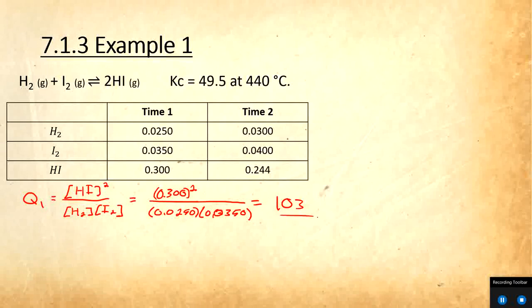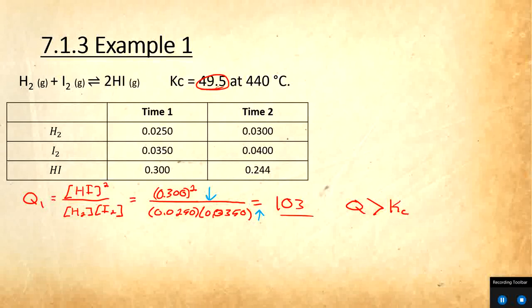Now looking at this, we have a Q of 103, so we know that our Q value is greater than our Kc value. Our Kc value is here at the top, 49.5. So 103 is greater than 49.5, which means Q has to decrease to equal Kc. In order for Q to decrease, we want it smaller, so we have to reduce the amount of products present and increase the amount of reactants present.